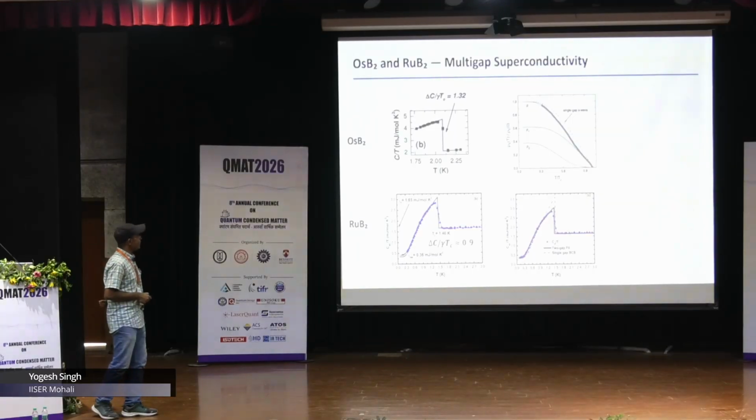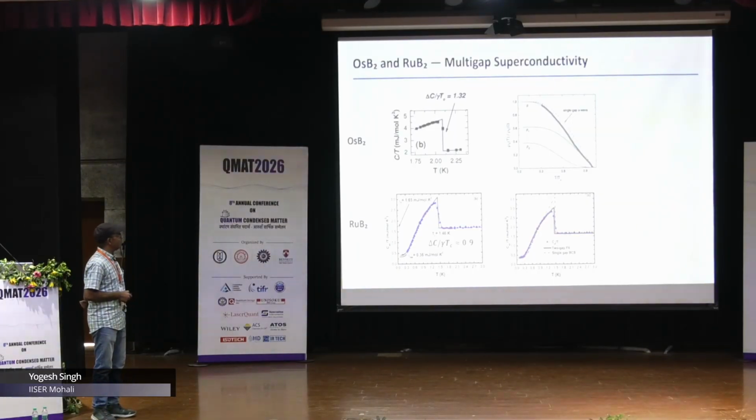For OsB2, we were able to do penetration depth measurements down to very low temperatures, and you can see that the data does not fit a single s-wave gap at all, and it can be fit with a two-fluid model, which is consistent with our heat capacity, giving evidence that these materials are multi-gap superconductors.